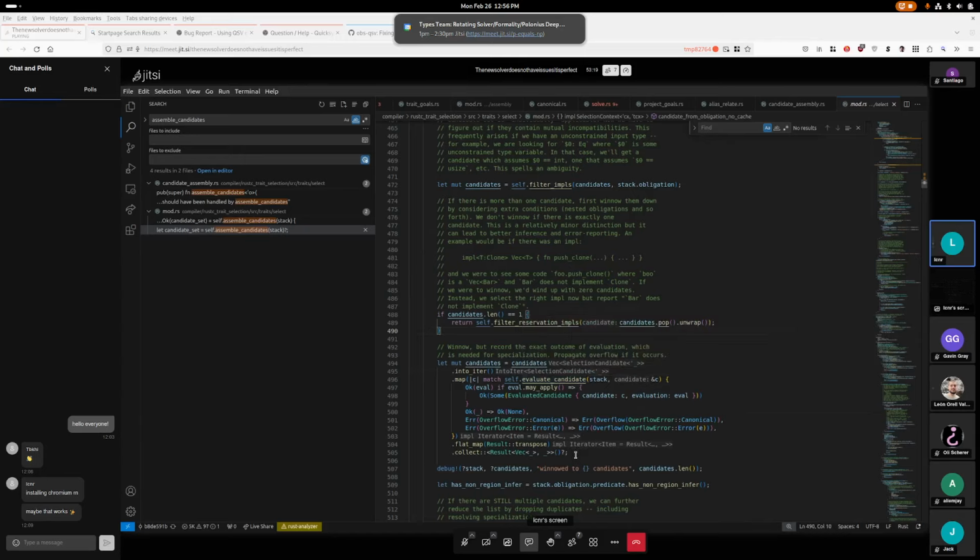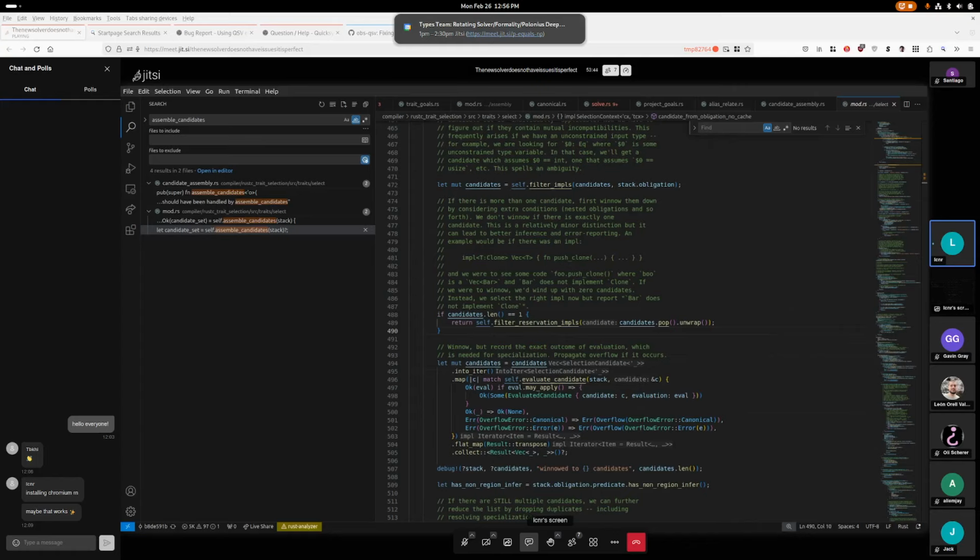So the solvers are a lot closer than you would expect, but there are some annoying issues. Am I sharing my screen or am I sharing VS Code? VS Code. Okay. How would I be able to tell?